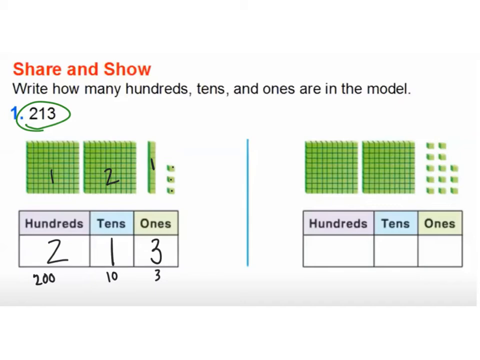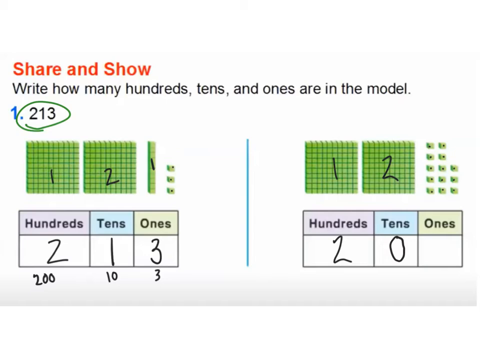Okay, let's start. How many hundreds? 1, 2. So that's staying the same as the other, 2 hundreds. Do you see any 10 blocks? Nope, so let's put a 0 in that spot in a place value chart. And then let's count our ones blocks. Ready? 1, 2, 3, 4, 5, 6, 7, 8, 9, 10, 11, 12, 13.